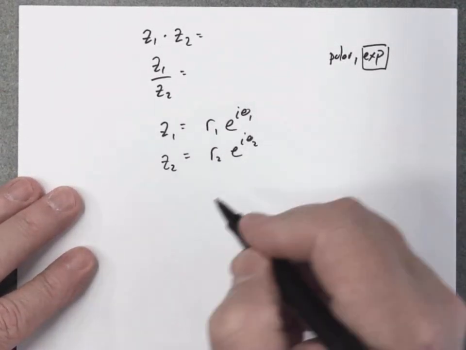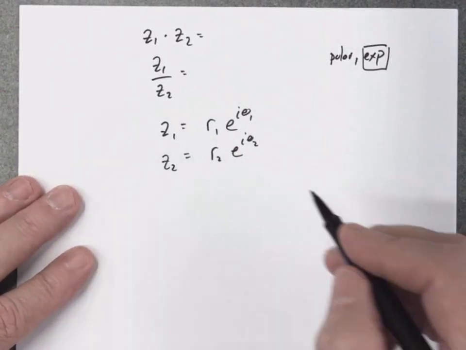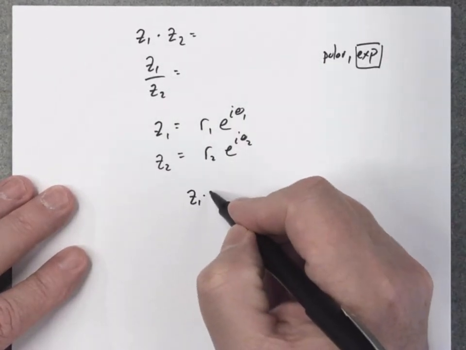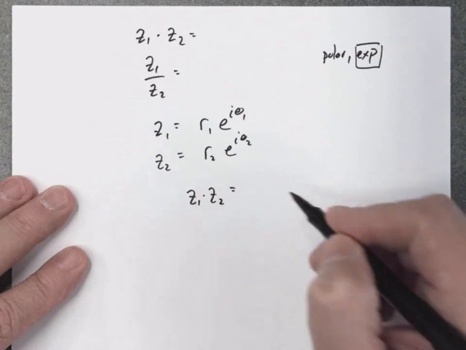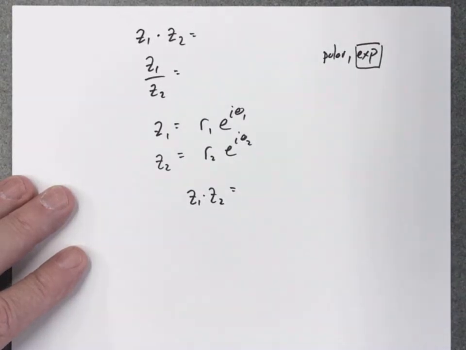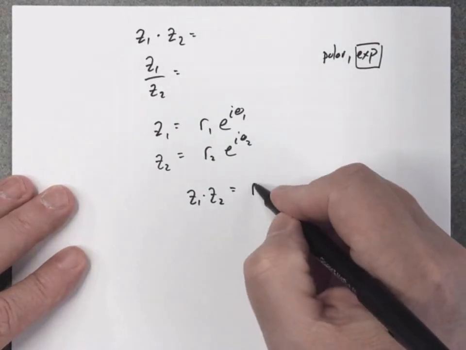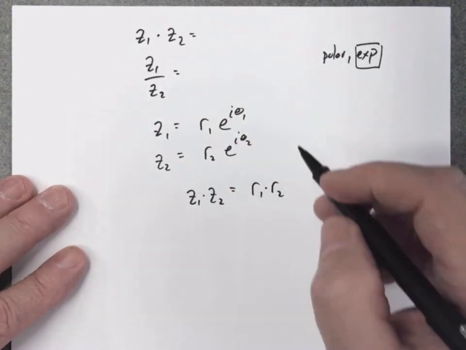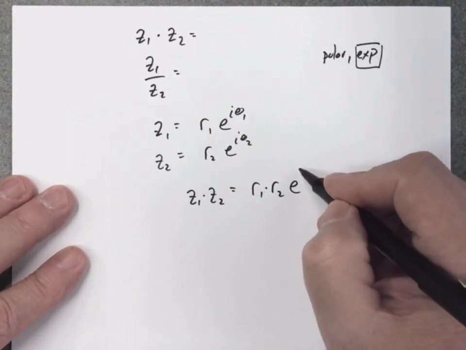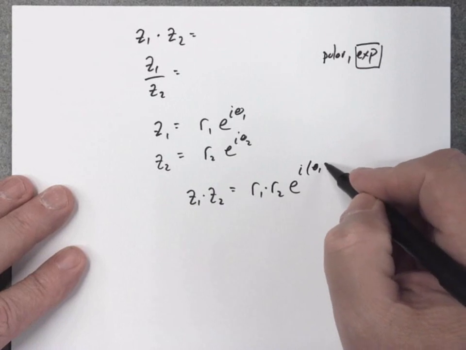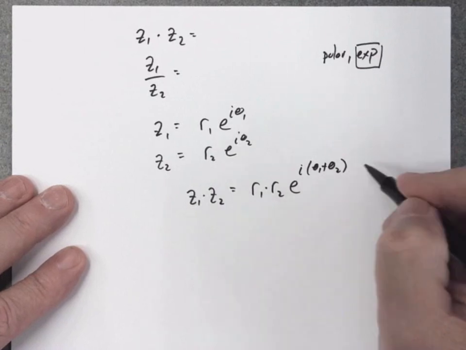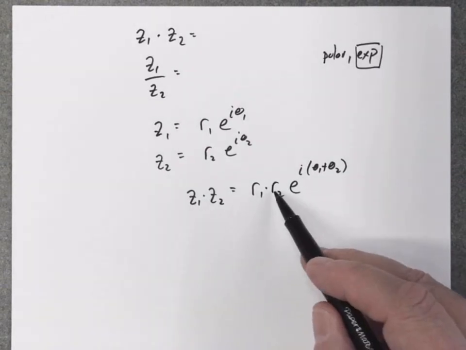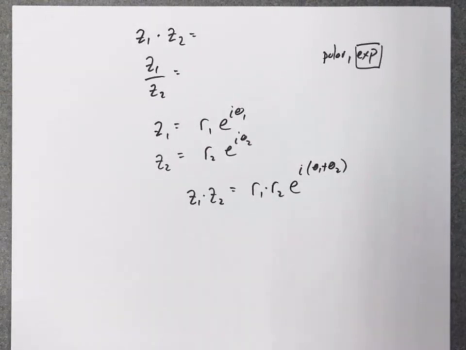Here's what's great. When the two complex numbers are in exponential form, if I want to multiply them, all you do is multiply the two R values, and then for the exponential, you simply add the two angles together. Multiplication and addition, boom, you're done.